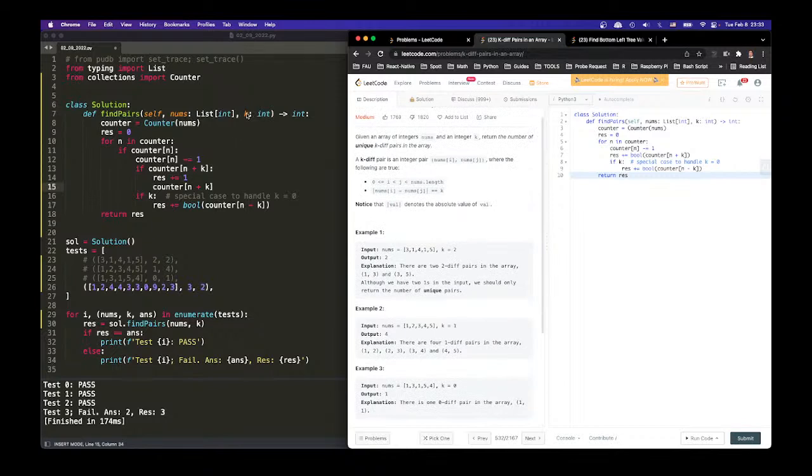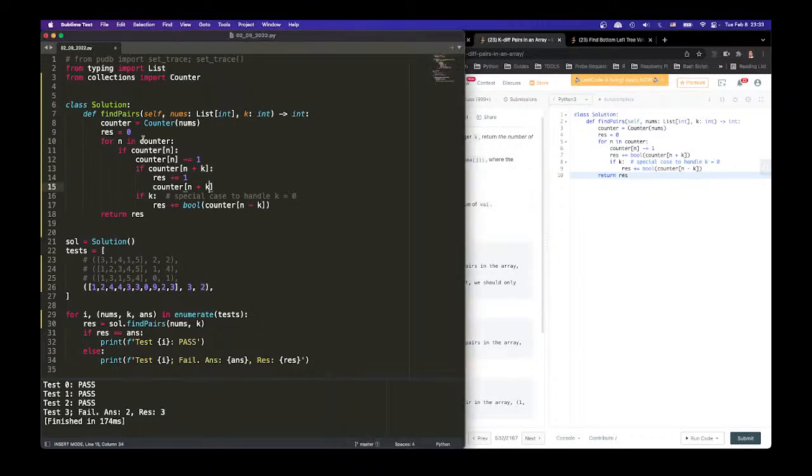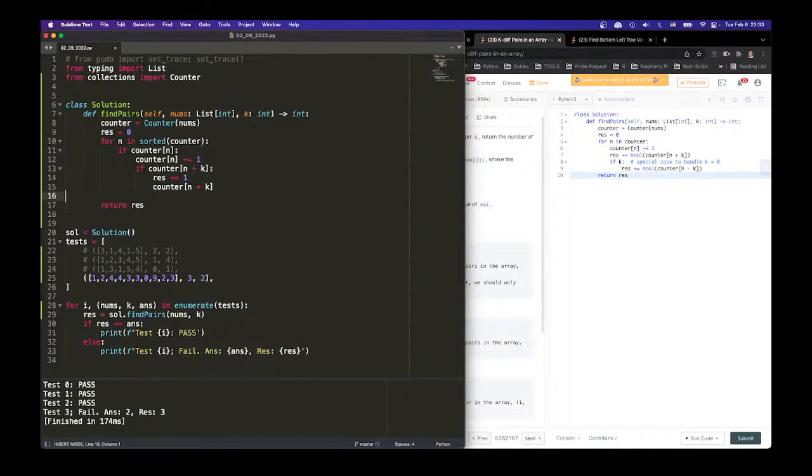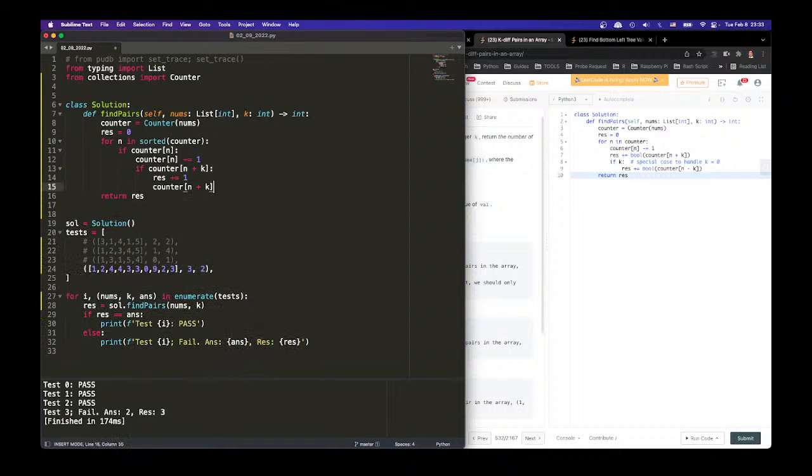10 to the 4th. Yeah, let's sort this. Therefore, when I add, I never minus. Minus will be repeating. And if I add, I think I can do the same thing.